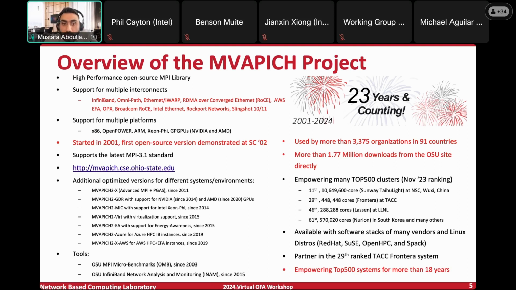As some of you may know, MVAPICH supports a wide range of interconnects, including InfiniBand, OmniPath, Ethernet through iWARP and RoCE, Slingshot 10 and 11, and even cloud interconnects such as the AWS EFA adapters. It's developed by the NOWLAB research group and has been there for 23 years and counting, and it's embraced by some of the top 500 clusters.